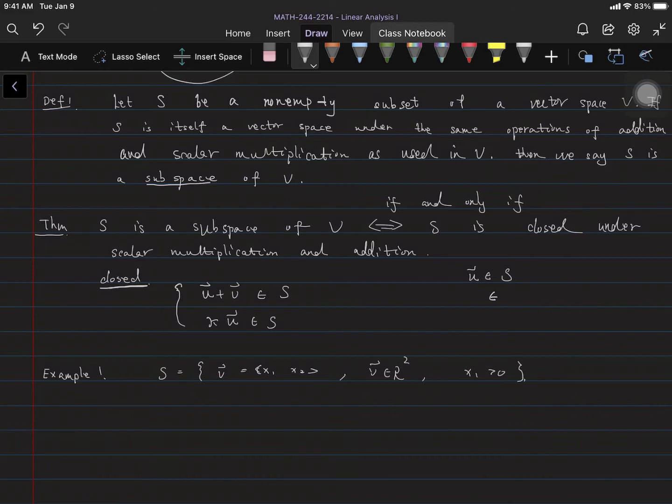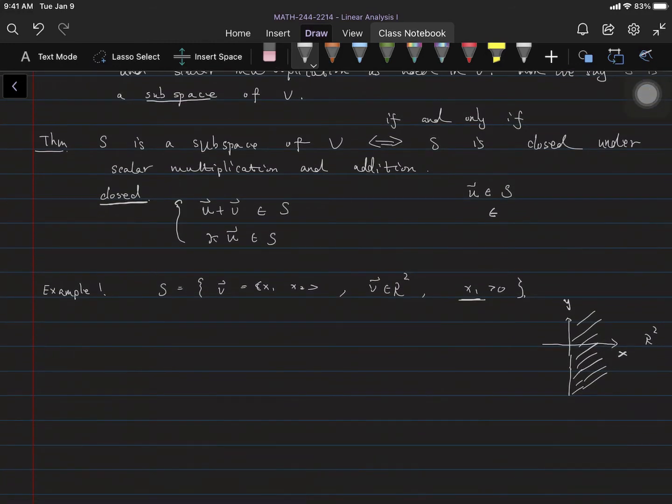That means the vectors are all in 2D, in R2, but the first component has to be positive. So it's kind of like this. This is definitely a subset. It's only the right side of the whole plane. The whole plane is R2, the xy plane, but we need the first component, x, to be positive. So the right side of the plane is definitely a subset.